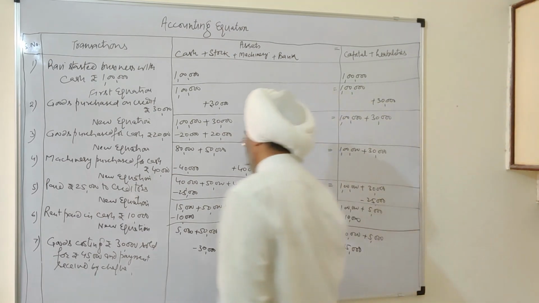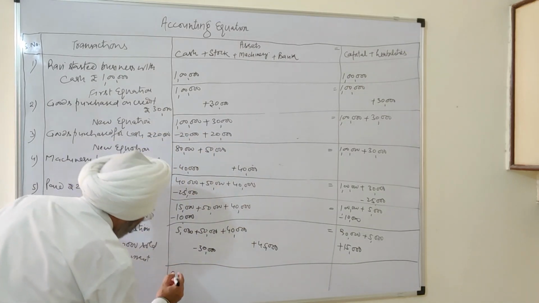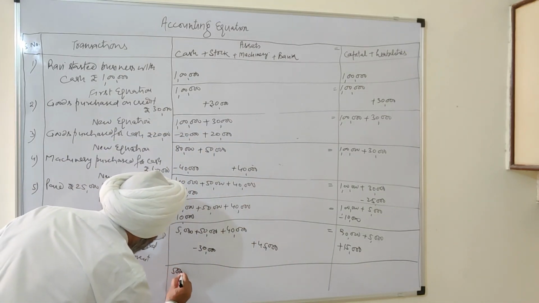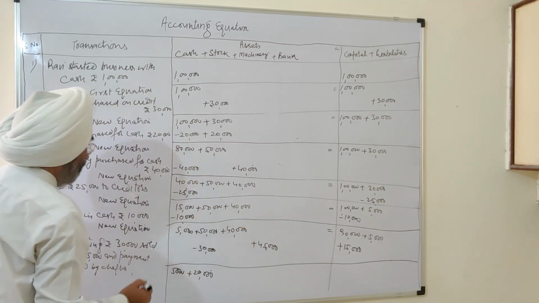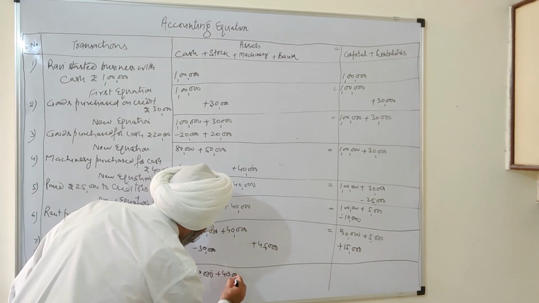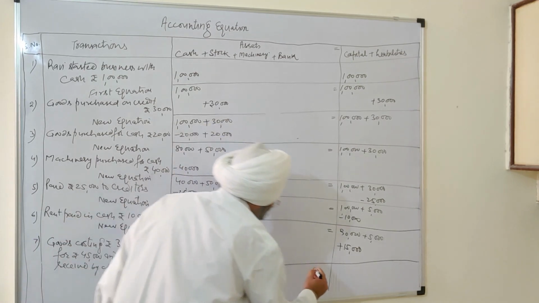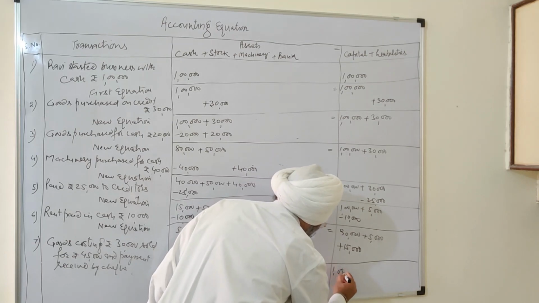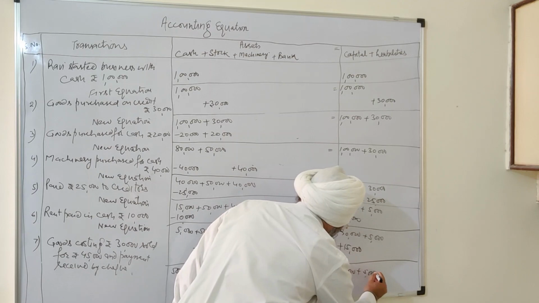So in that case, our equation will be 5,000 cash, 20,000 as our stock, 40,000 as our machinery, and 45,000 bank balance, and 1,05,000 as capital, and 5,000 as our liability.